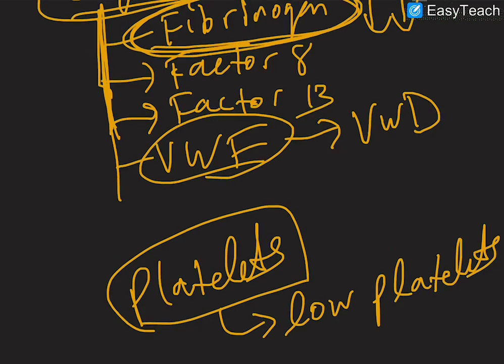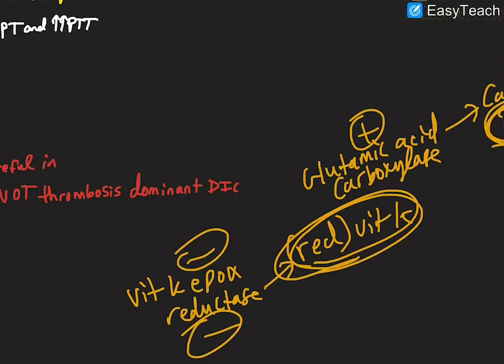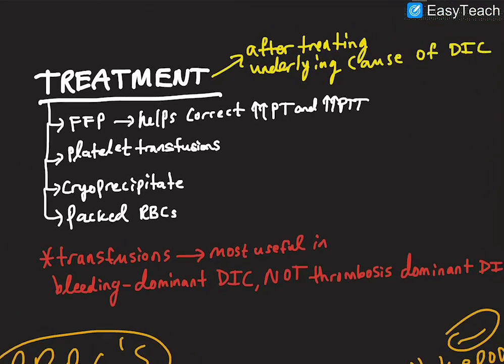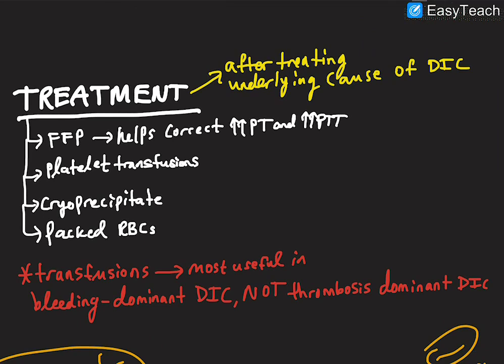All right. So the reason to talk about all this was so we can understand the treatment for DIC. So again, if you're using a lot of clotting factors, who restores clotting factors? Fresh frozen plasma, right? It has clotting factors like 2, 5, 7, 9, 10, 11, 12, right? So that can help correct your PT and PTT.